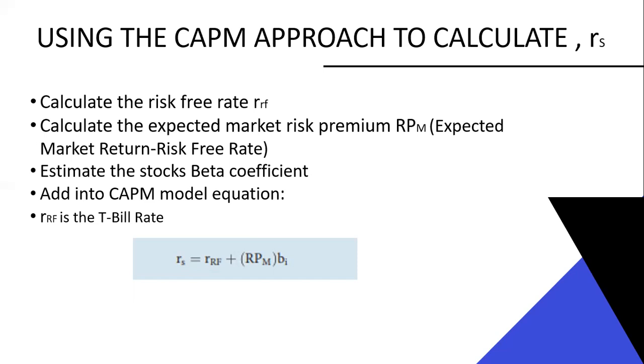And you also need to estimate the stock's beta coefficient. Then you put everything in the CAPM model, and that will give you the cost of common stock according to the CAPM method. And the risk-free rate in many cases is given as the T-bill rate, so just something to keep in mind.